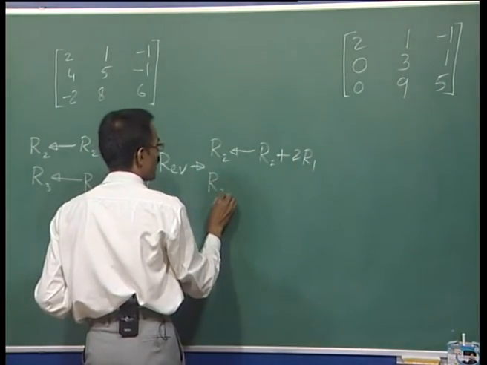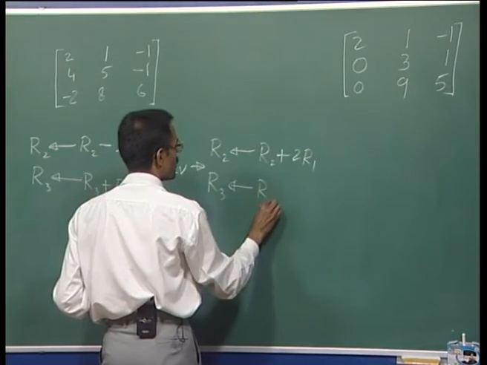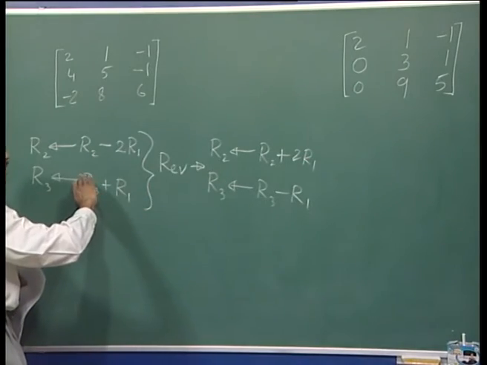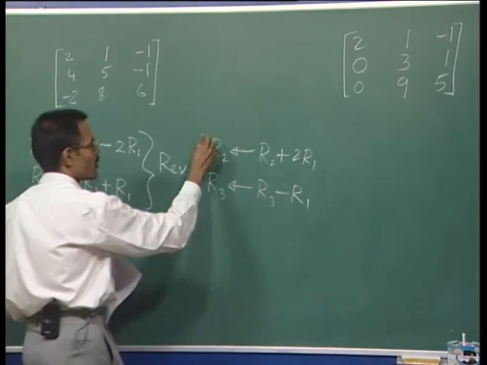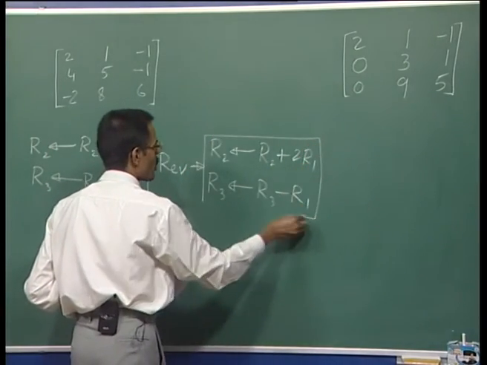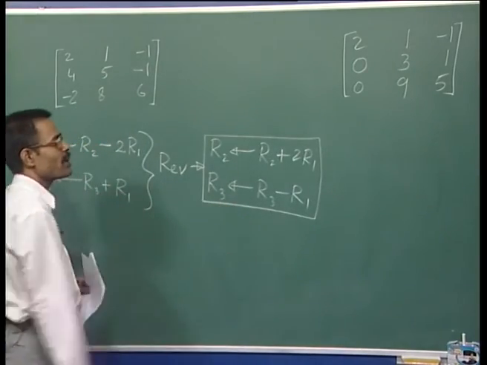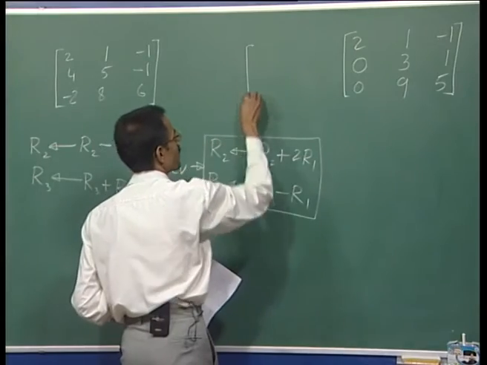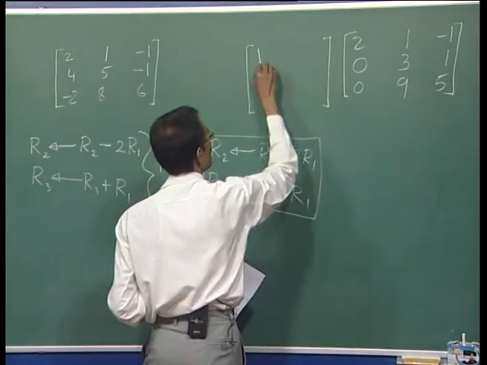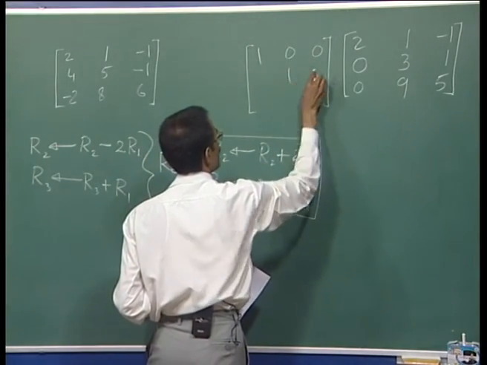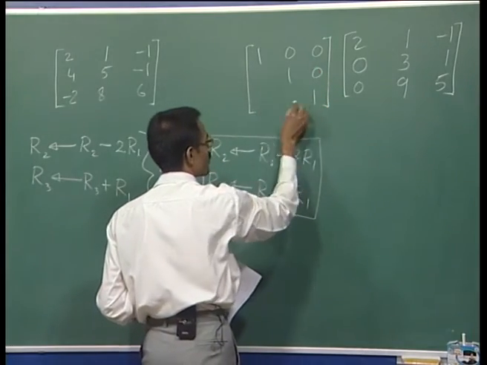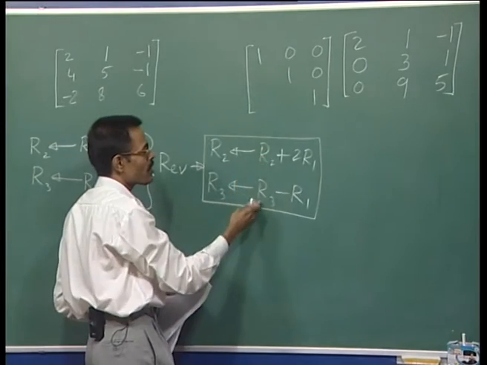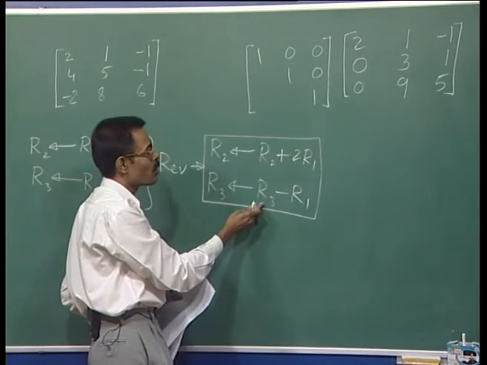Similarly, R3 should get updated with this. That will be restoring the original matrix, right. So, what is the corresponding elementary matrix for this? The elementary matrix for this is 0, 0, 0, that identity matrix changed through these row operations.